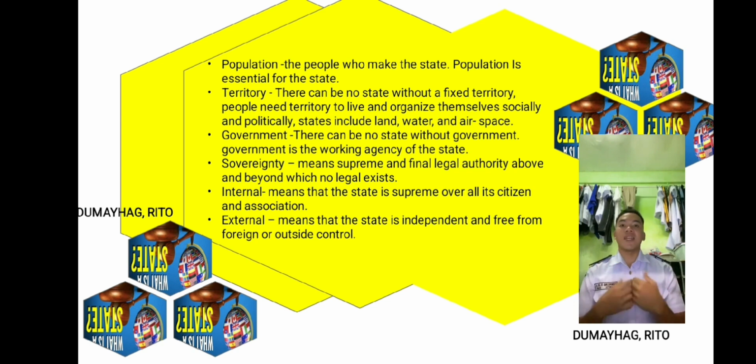External means the state is independent and free from foreign or outside control. So those are the two. And those are the four elements: population, or the people; territory; government, the agency of the state; and last is sovereignty.